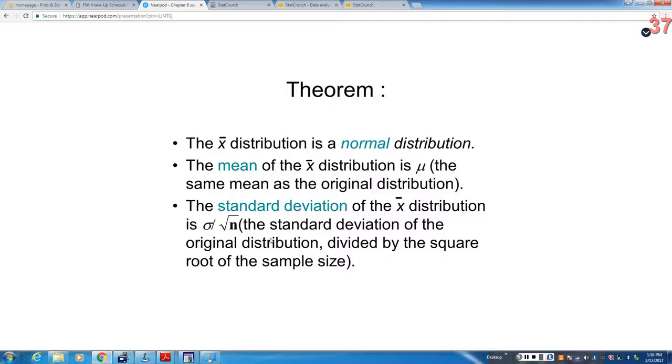The standard deviation of the original distribution divided by the square root of the sample size. This is what we call the standard error. The sigma divided by the square root of n is called the standard error. That's important to know, because that's how you're going to be calculating standard scores now.